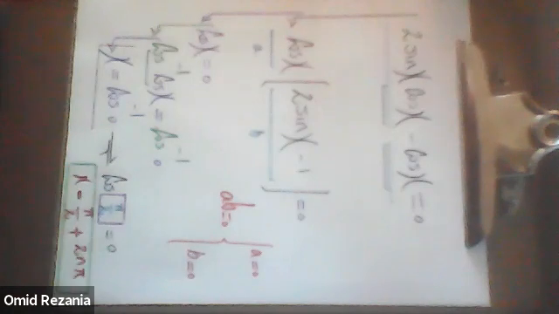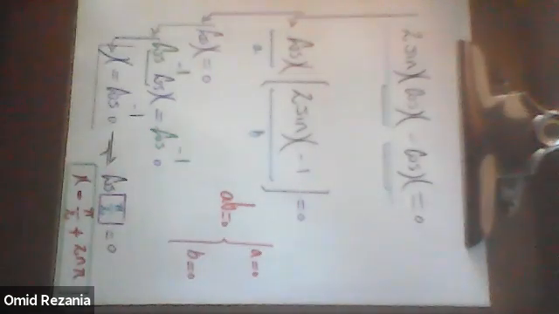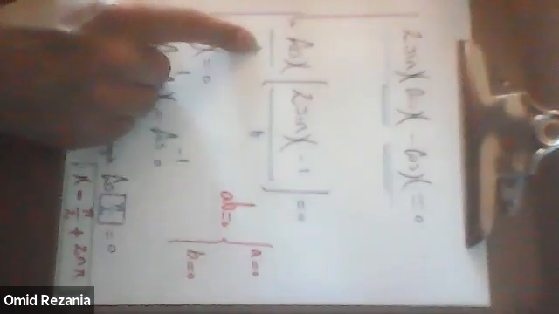Then x represents pi over 2 plus 2n pi, where n is an integer, 0, 1, 2, 3, 4. And pi, you know, it's easy, 3.14.